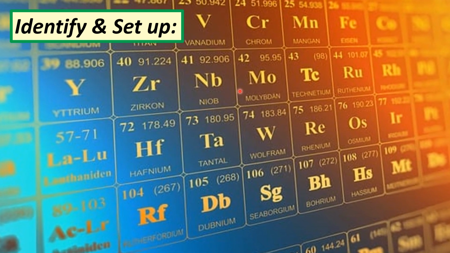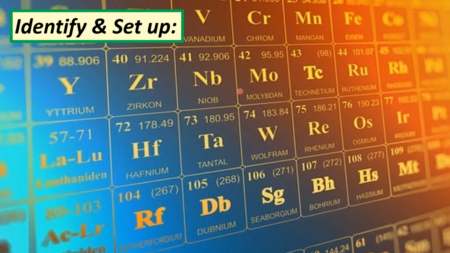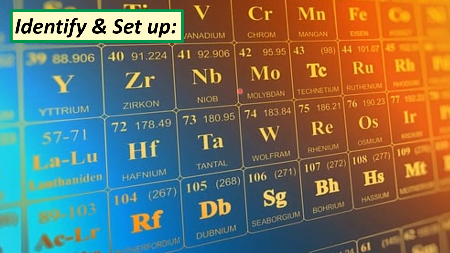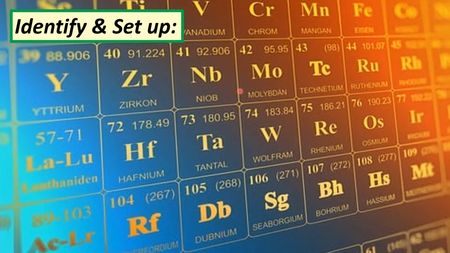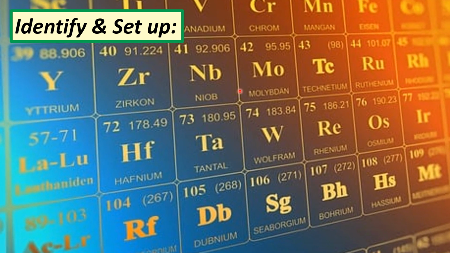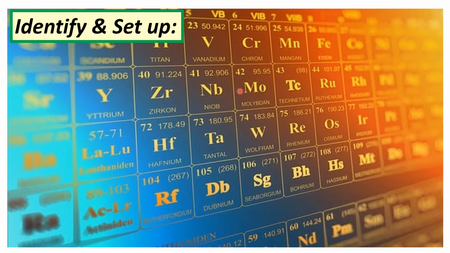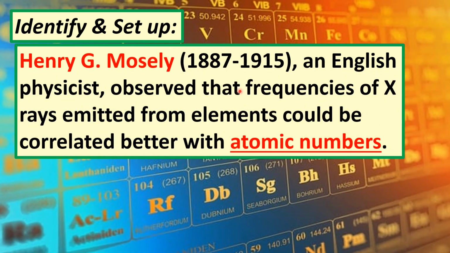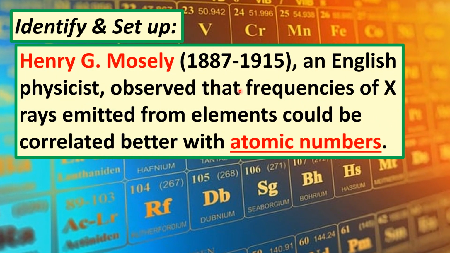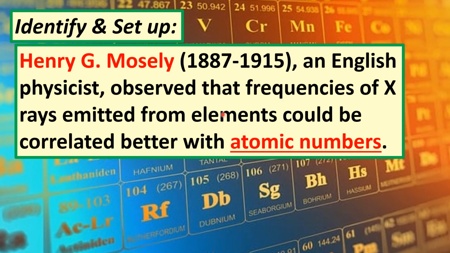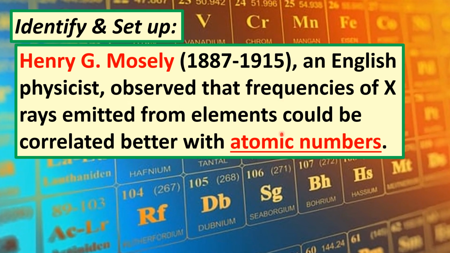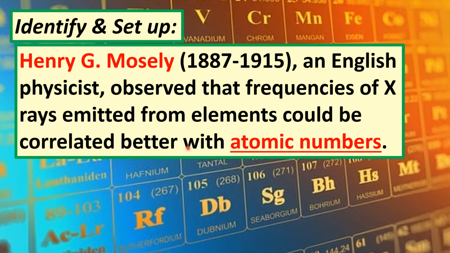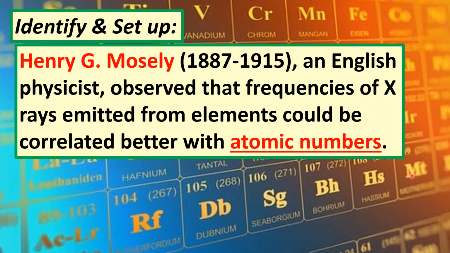In the old version of the modern periodic table, pioneered by Dmitri Mendeleev, the elements were arranged according to increasing atomic mass. But an English physicist named Henry G. Moseley observed that frequencies of X-rays emitted from elements could be correlated better with atomic numbers.